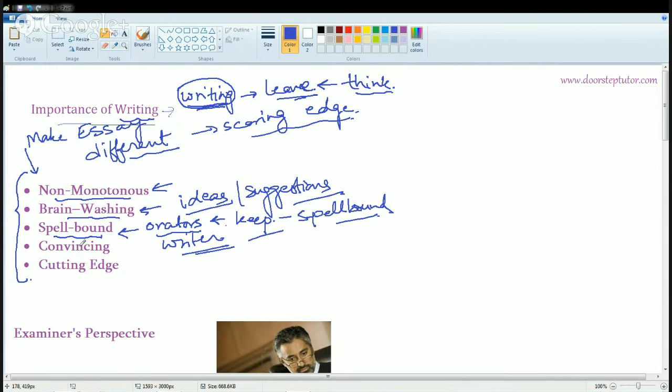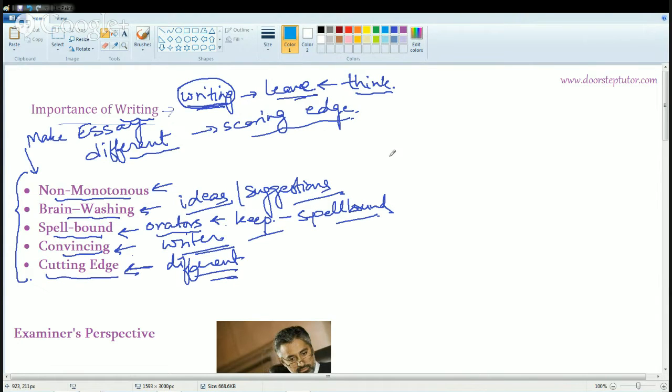So you must keep the audience spellbound and convince. You should have an ability to convince the people who are reading your essays. And lastly, you should provide a cutting edge. That means you must try to make your essay different from what other people are writing.